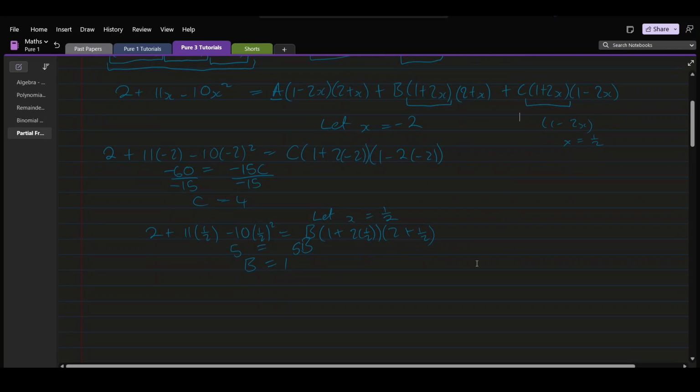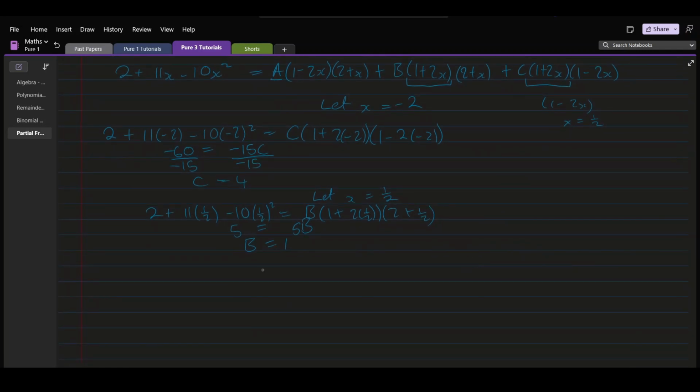So we're going to say let x equal -1 over 2. So this becomes 2 plus 11 times -1 over 2 minus 10 times -1 over 2 squared, and this is equal to a 1 minus 2 times -1 over 2 times 2 minus 1 over 2.